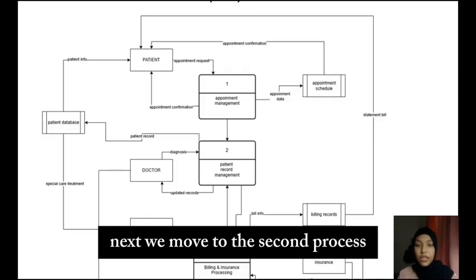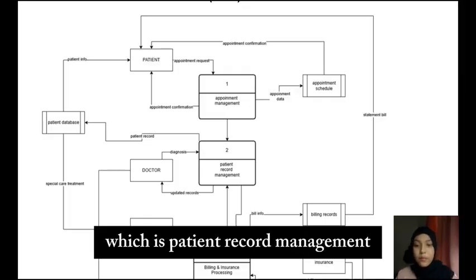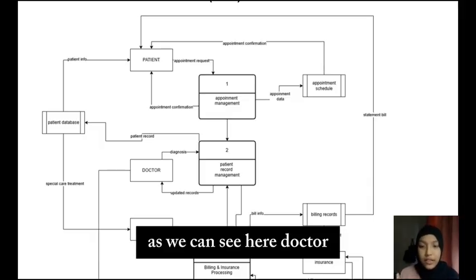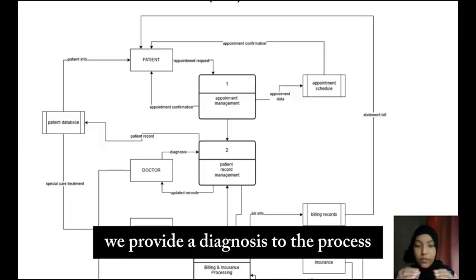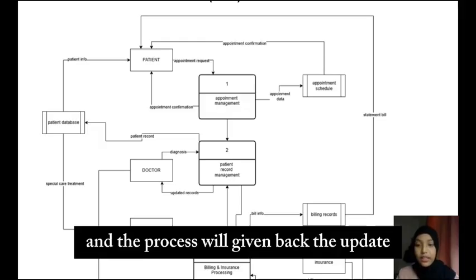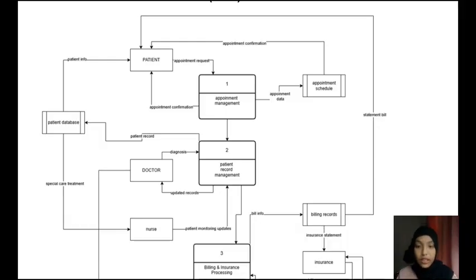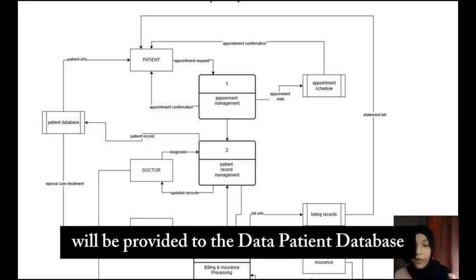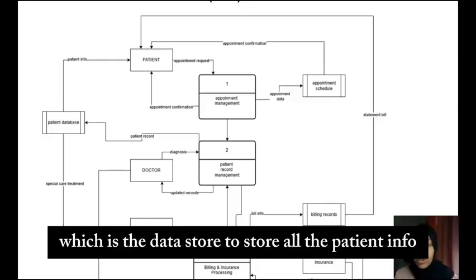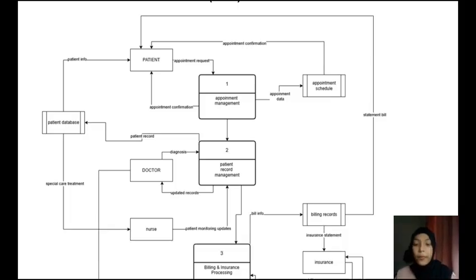Next, we move to the second process, which is patient record management. As we can see here, the doctor provides a diagnosis to the process, and the process gives back the update record to the doctor. Next, the patient record will be provided to the patient database, which is the data store, to store all the patient info.